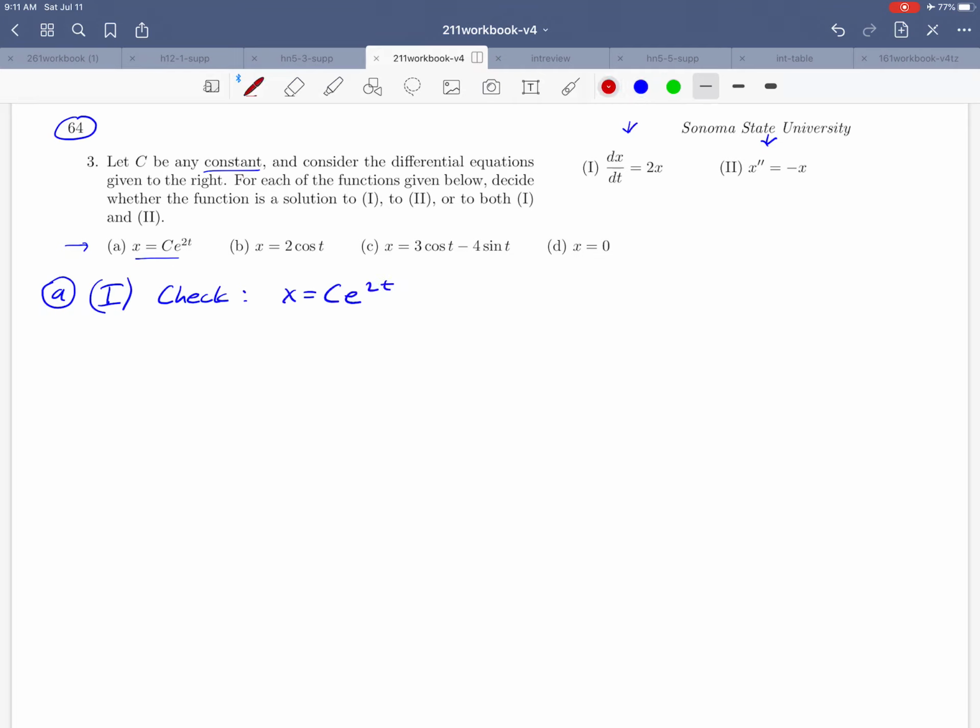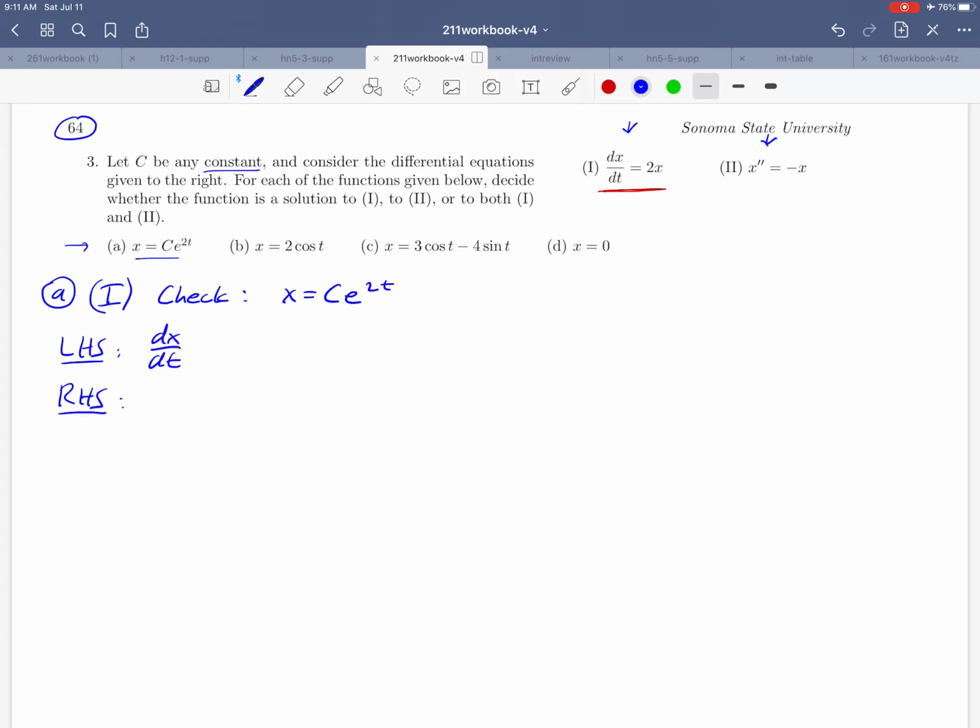The idea again to check whether something is a solution is just to ask yourself, does it make the differential equation a true statement? So we're going to substitute x into the differential equation and see if we get the same thing on both sides. As we did before, we'll start by noting what the left and right-hand sides of our differential equation are.